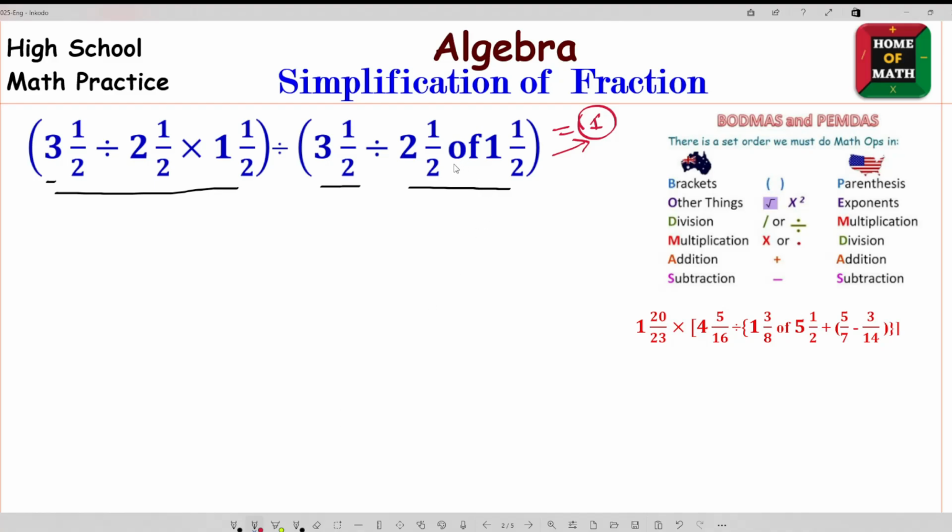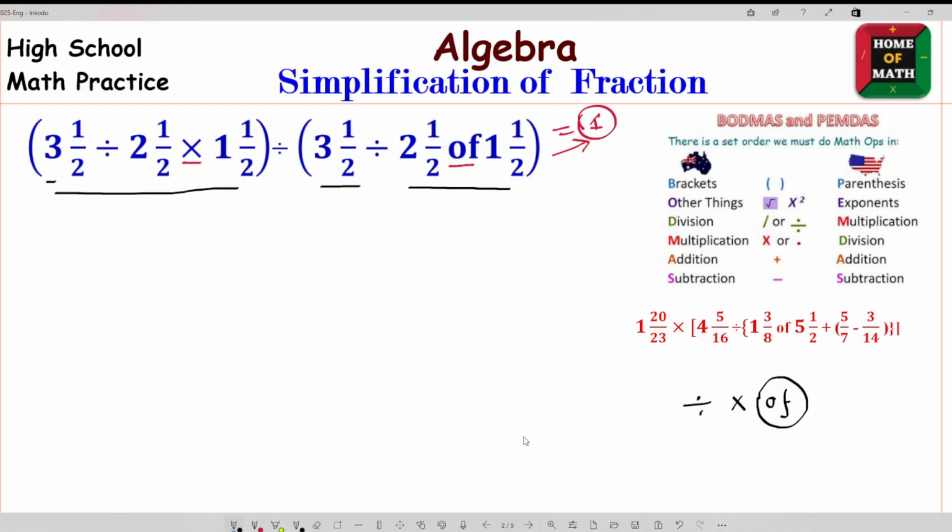Here is 'of', and here is multiplication. This makes a big difference. It means once division, multiplication and 'of' come together, we have to do 'of' first.